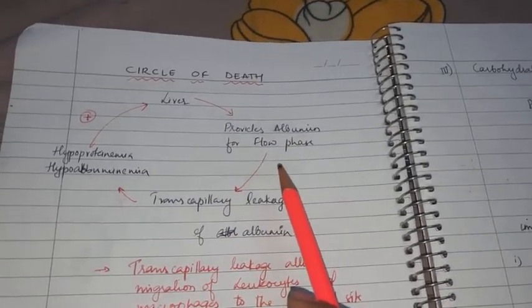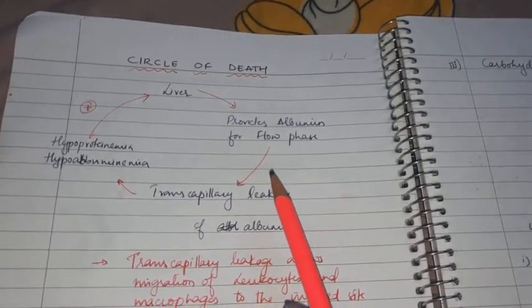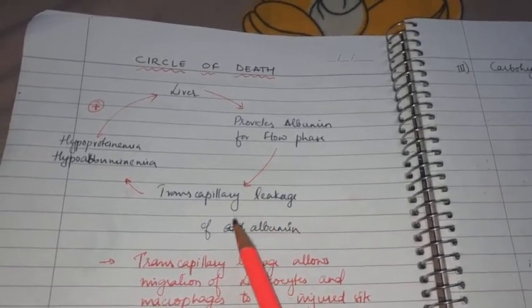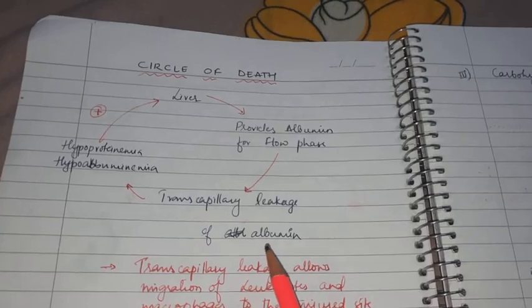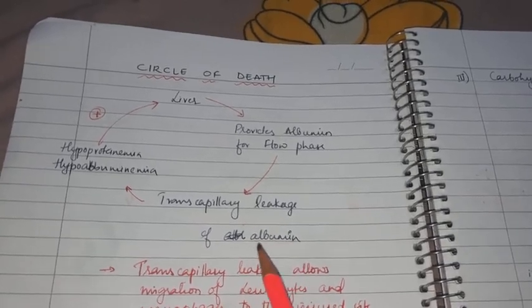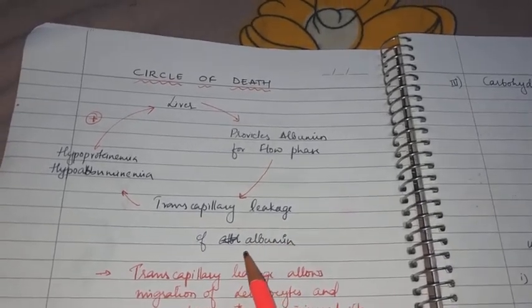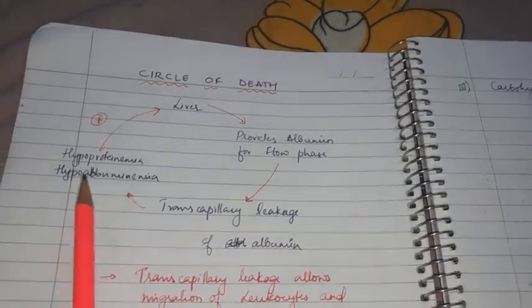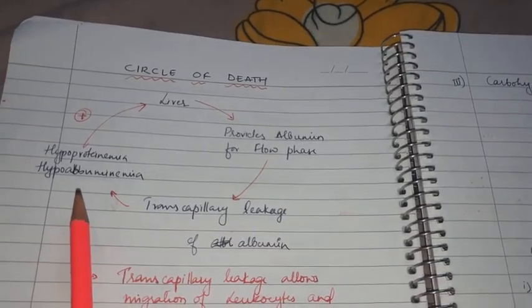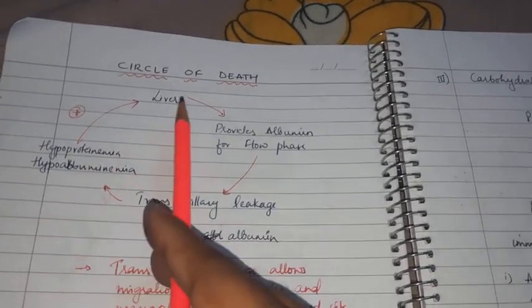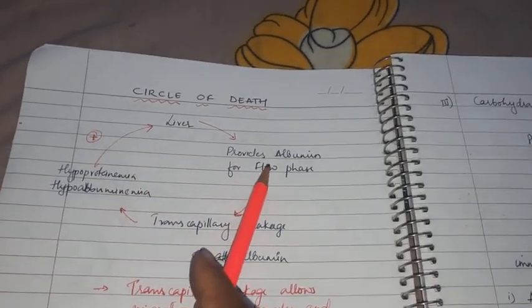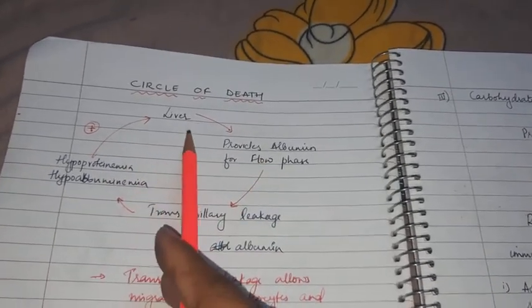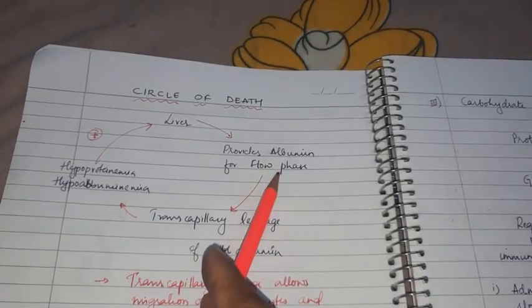But the pro-inflammatory cytokines cause capillary leakage, and albumin also passes through the transcapillary leakage, and this results in hypoproteinemia or hypoalbuminemia, which again stimulates the liver to produce more albumin. So there is stress over the liver to produce albumin.